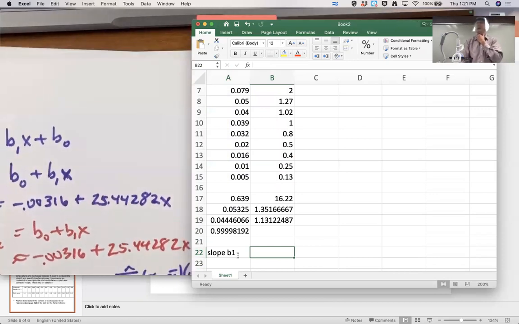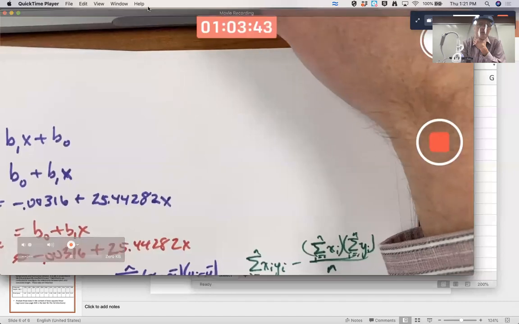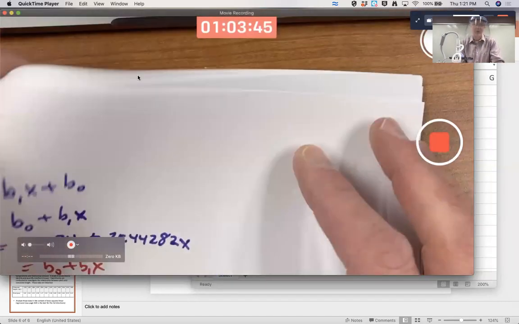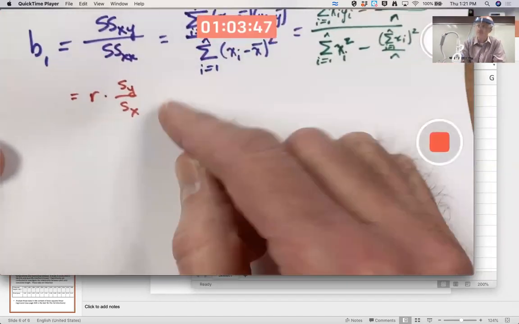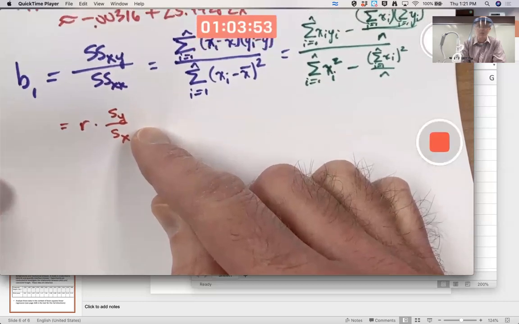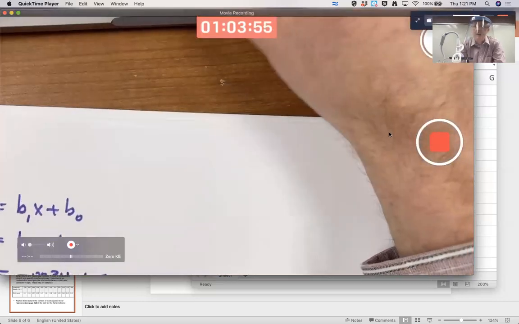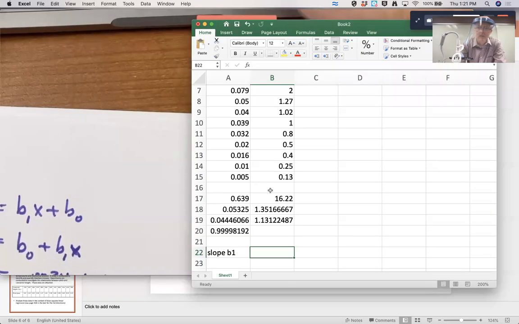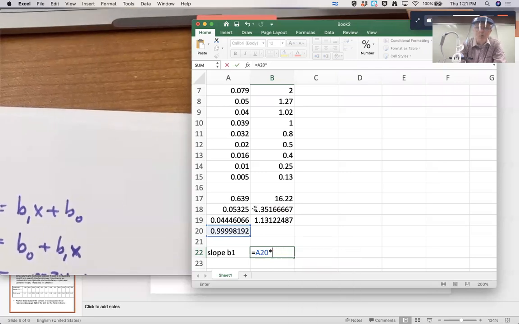Let's compute the slope in a couple ways. Let's try it with the last formula here first. That'll be the quickest way. R times SY over SX. R is the correlation, SY divided by SX.